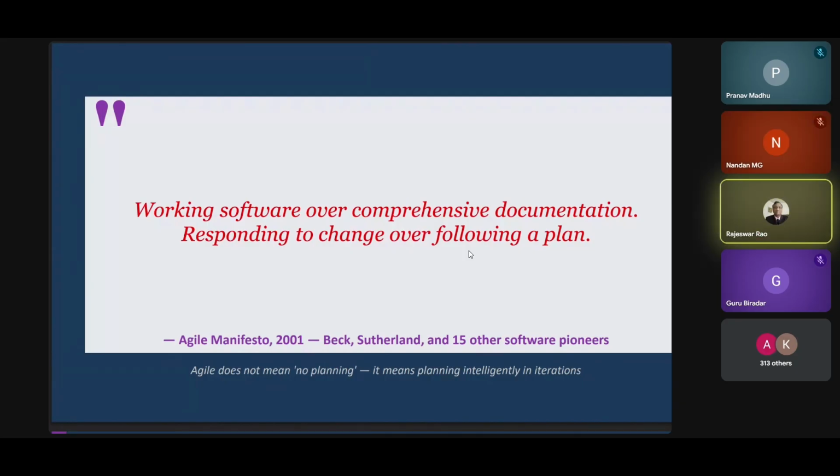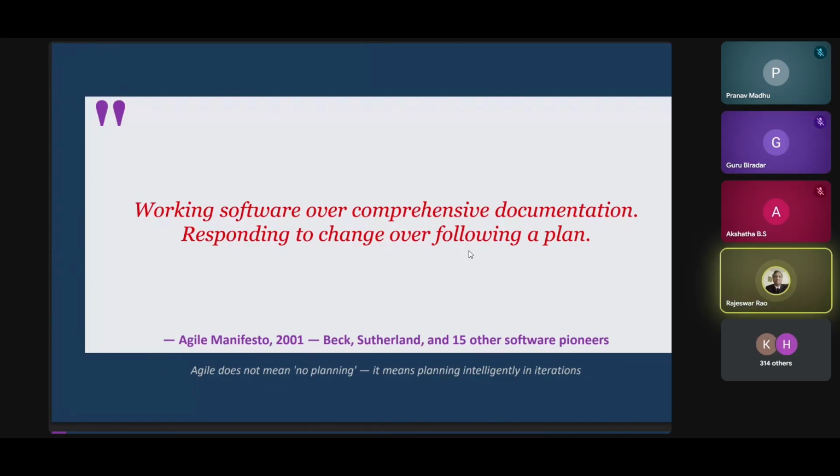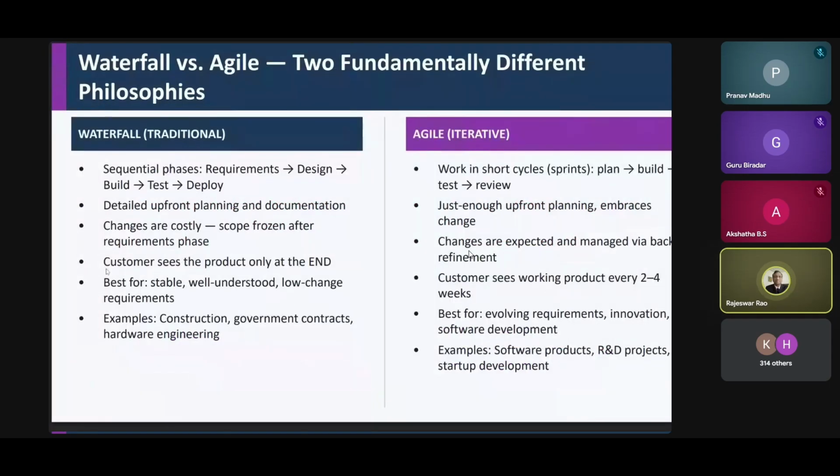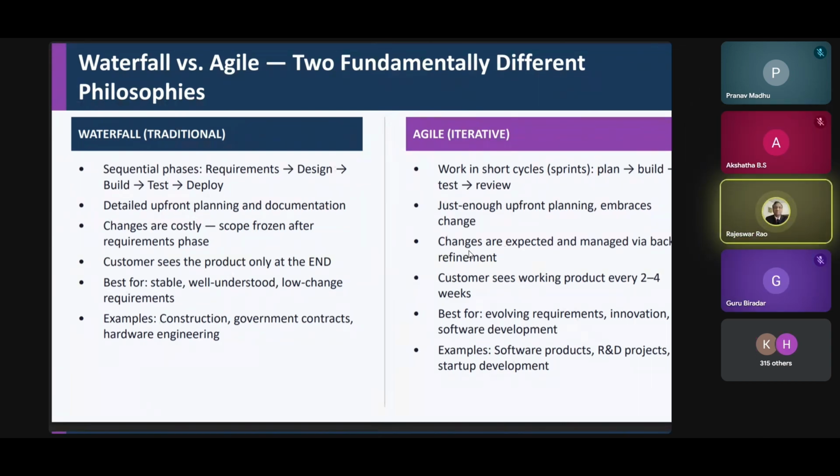So next slide, please. Quickly, we'll go through the difference between the traditional models and the Agile model. The traditional model was a single one-way traffic. One phase leads to another. That means unless you complete the requirement phase, you cannot get into the design phase.